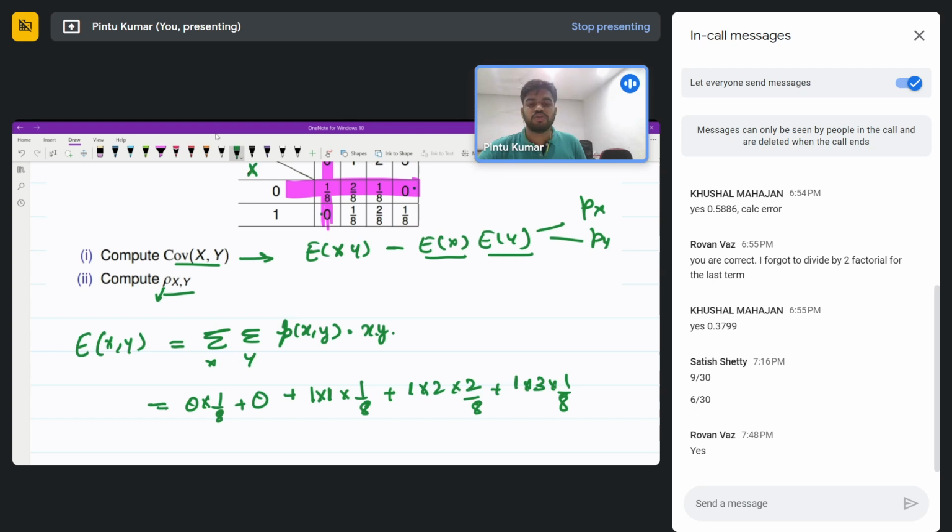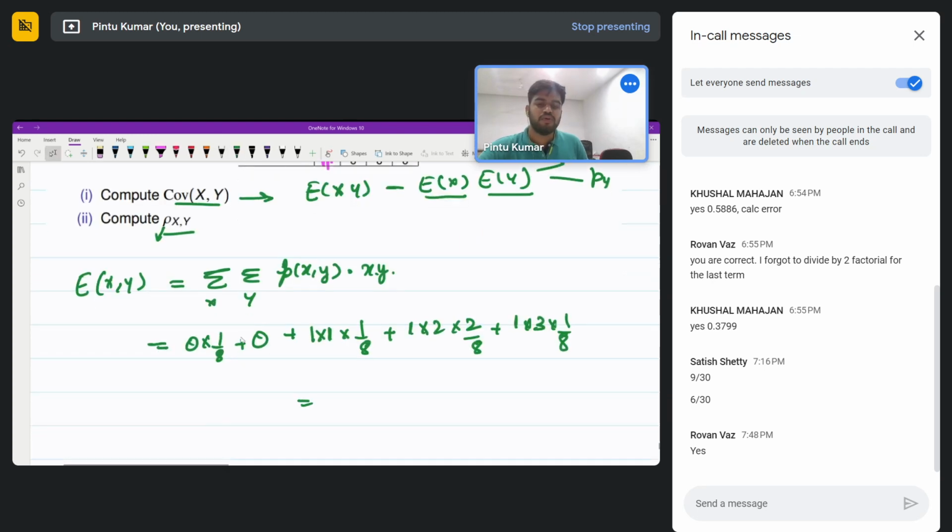So this is nothing but 1 by 8 plus 4 by 8 plus 3 by 8. This turns out to be 1. Let me verify whether this is actually correct, because we don't want to make a mistake in the first step of our question. Yeah, this is 1.